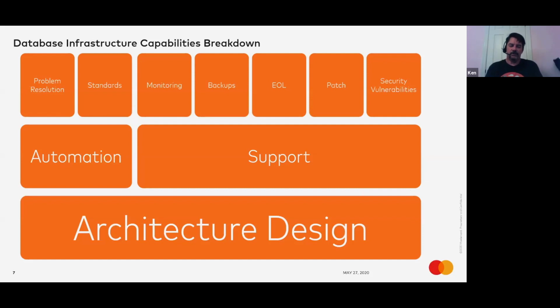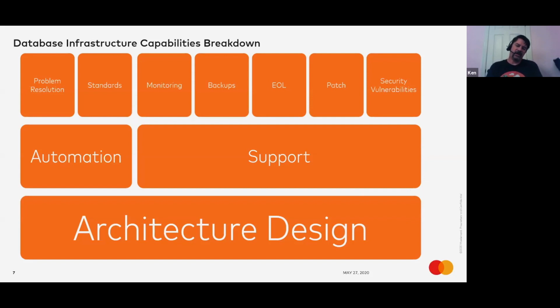So if you break down what that capabilities look like, I like to start with the bottom. We have this architecture design team that focuses on how to structure distributed databases and how to manage and maintain those databases across a large spectrum of different deployment types and scenarios. We have a support group that's responsible for the monitoring, the backups, end of life support, patching, security vulnerability updates.